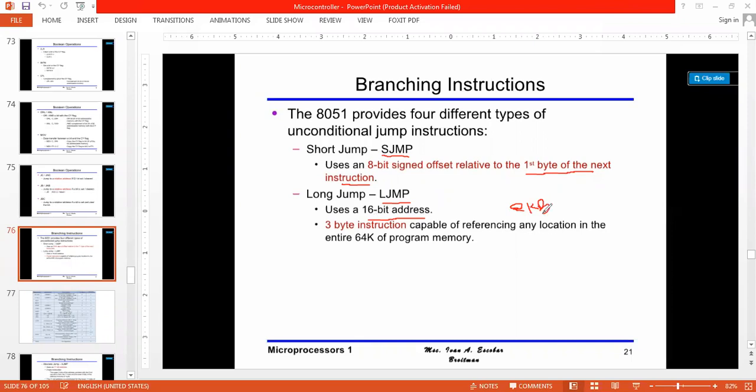No, a 16-bit address is going to be what? 2 raised to 16, total 64 kilobytes.